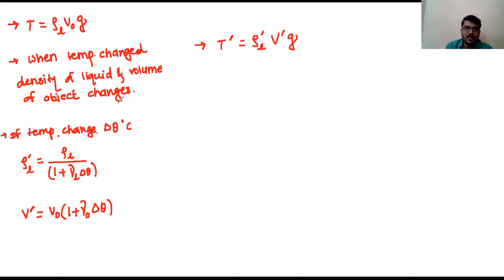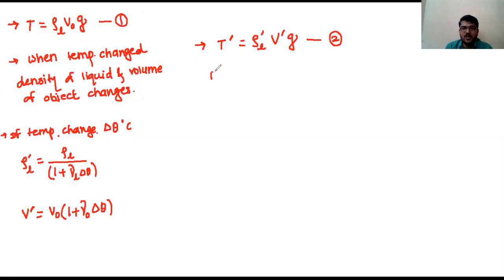Now we are having this as equation 1 before change in temperature, and this is equation number 2 after changing the temperature. Is that clear? What we did? When temperature changes, density of liquid and volume of object change. That's why if temperature changes delta theta degree Celsius, then we got these two equations, rho L dash and V dash, and this is the thrust after changing the temperature.